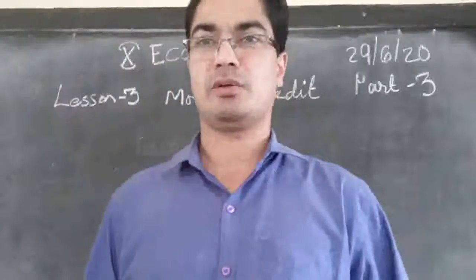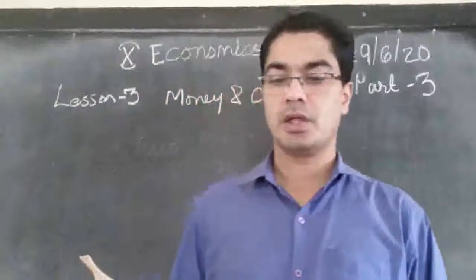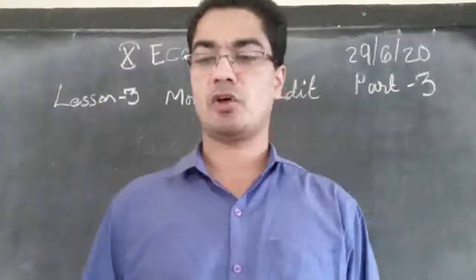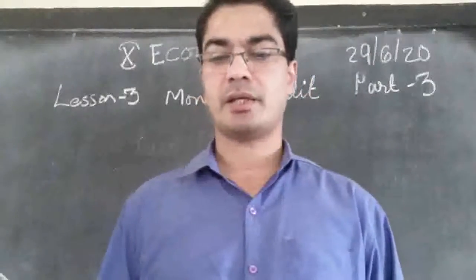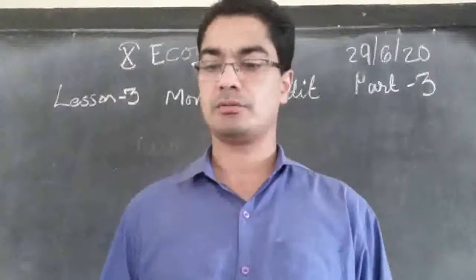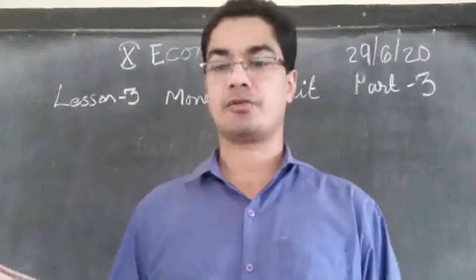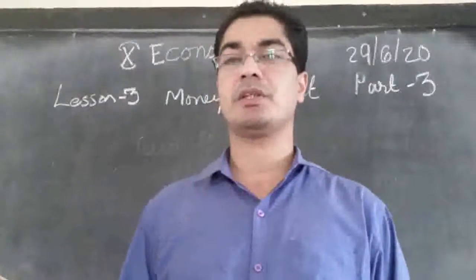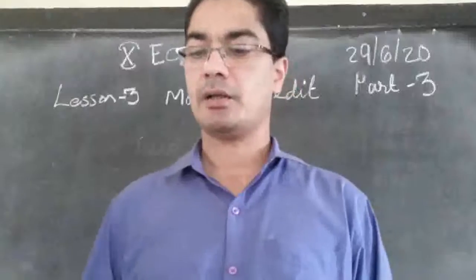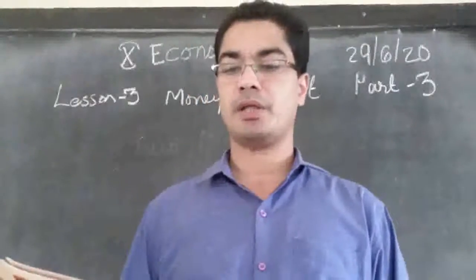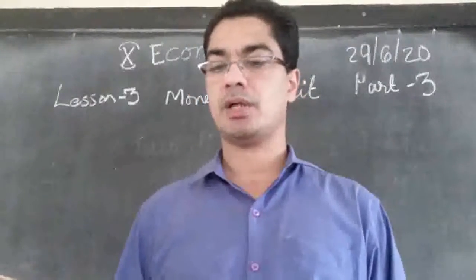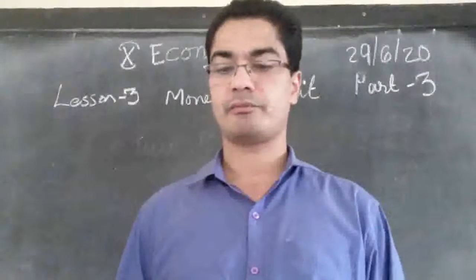So, a house loan. Megha has taken a loan of rupees 5 lakhs from the bank to purchase a house. The annual interest rate on the loan is 12% and the loan is to be repaid in 10 years in monthly installments.